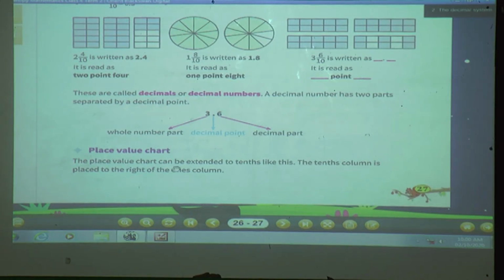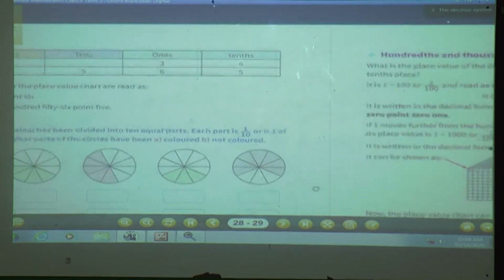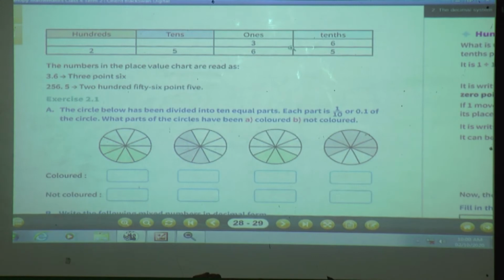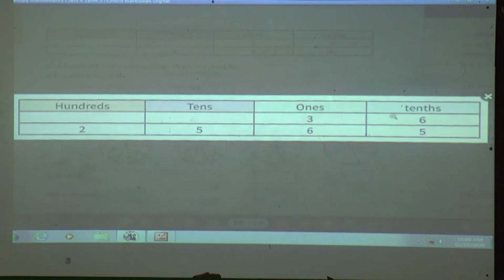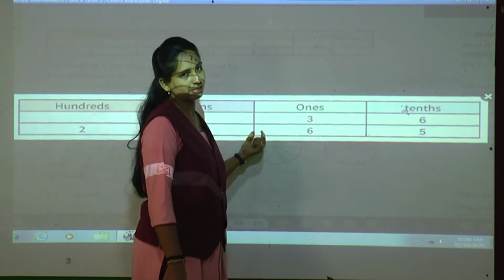The place value chart can be extended to tenths like this. The tenths column is placed to the right of the ones column. Now I will show you the place value chart. Now see 3.6. As I said, whatever digit comes after the point, its place value is tenths. So 3.6, how can we place it into the place value chart?